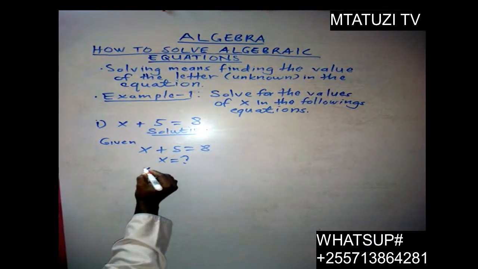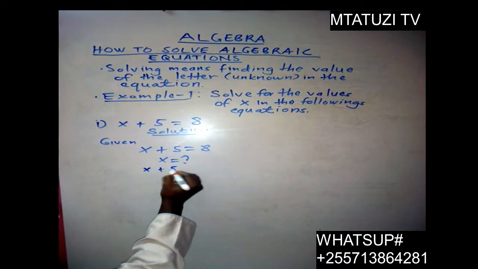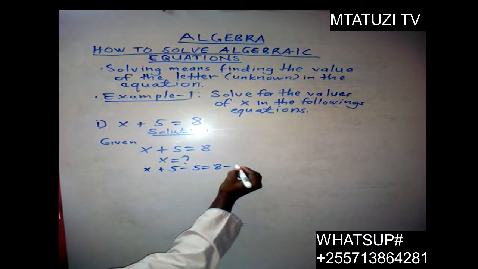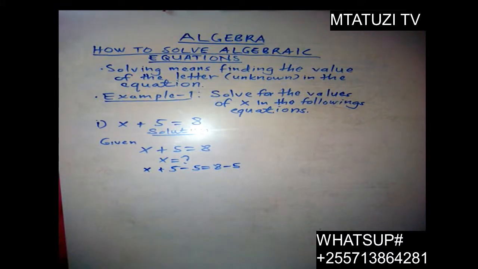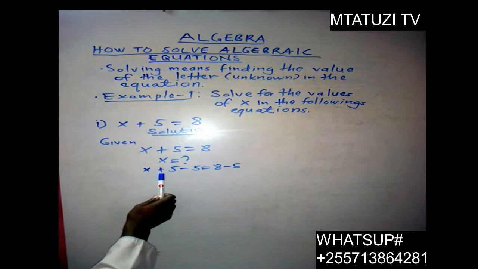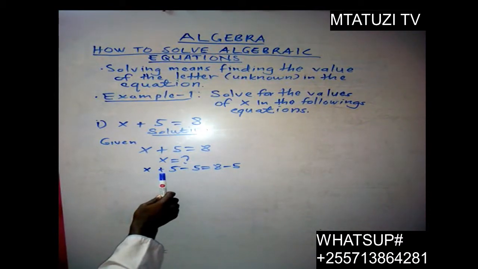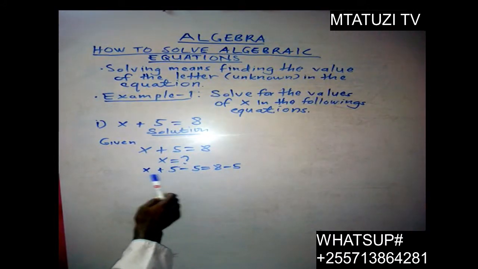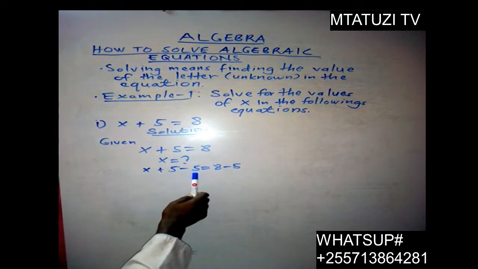Take x plus 5, subtract 5 is equal to 8, subtract 5. So the operation here is plus. Since we want to find the value of x, we have to subtract it on both sides. That's why I say we have to subtract 5 on both sides.